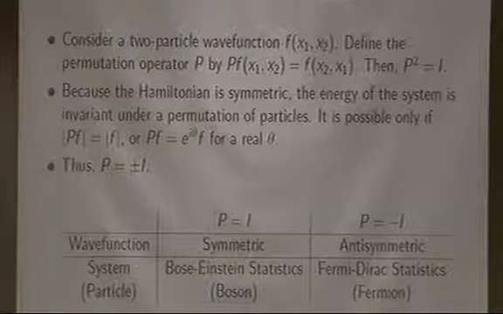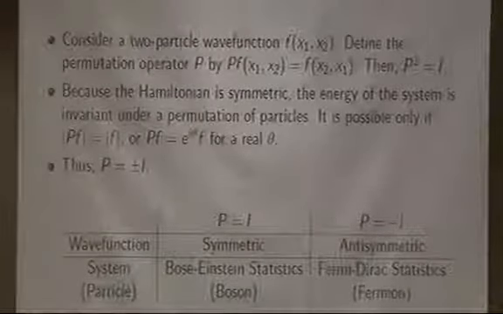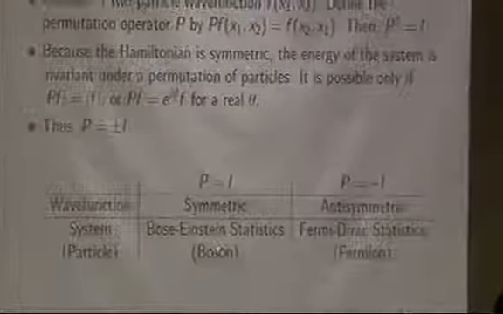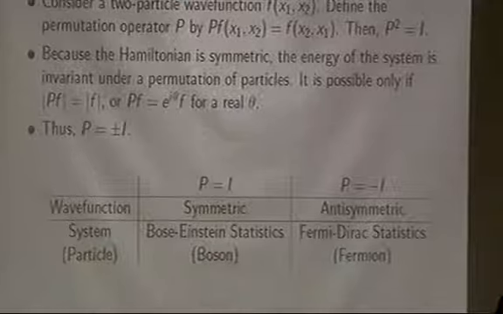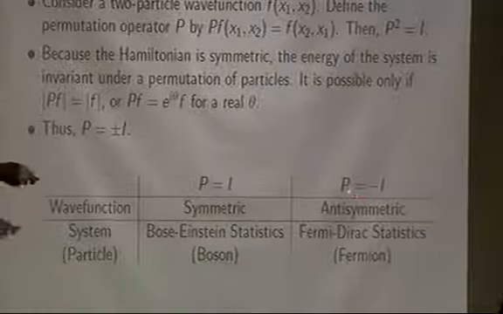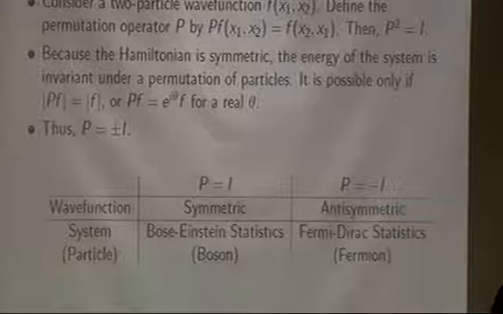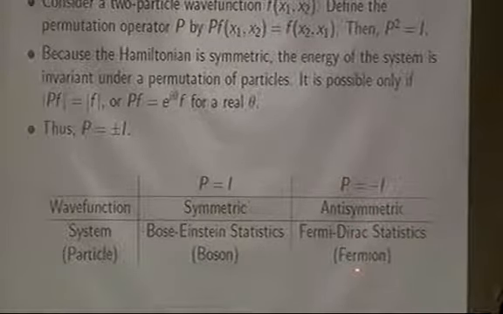In this case, we say the wave function is symmetric, and the system is what we call the Bose system. We say the system obeys Bose-Einstein statistics, and those types of particles are what we call bosons. For the antisymmetric case, when P is minus unity, we say the wave function is antisymmetric, the system obeys Fermi-Dirac statistics, and the particles are fermions.